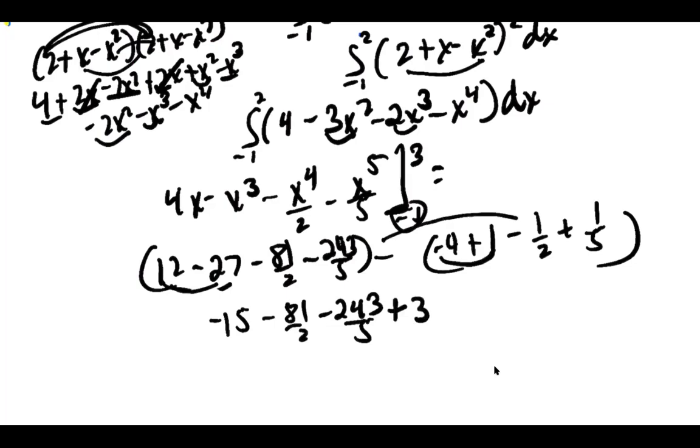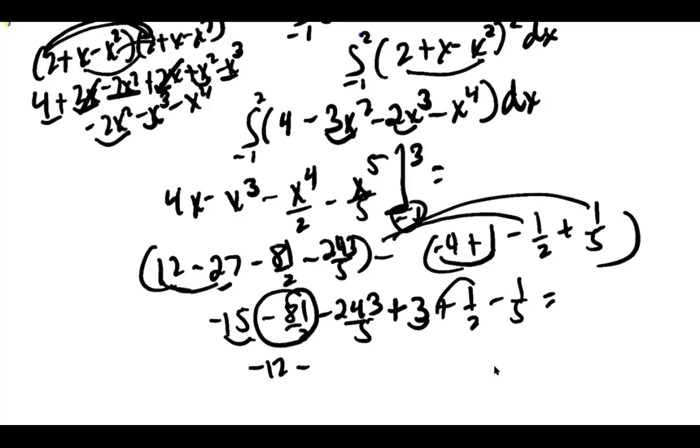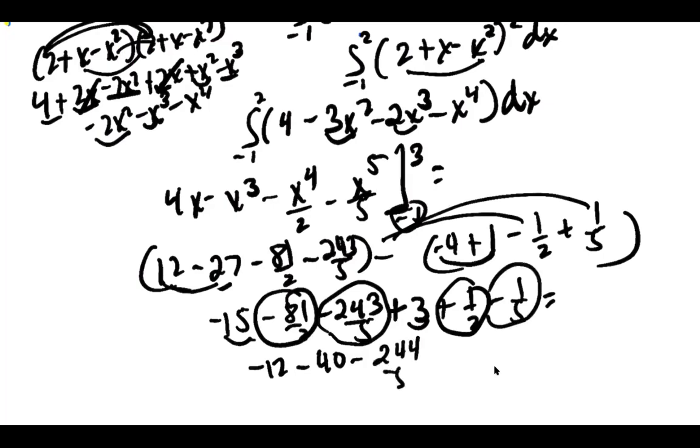I have a minus negative, so it's plus 1 half minus 1 fifth. All right, so we have -12. This is going to be minus 80 halves, so that's minus 40. And then this is minus 2, nothing nice. All right, so negative 60 over 5.